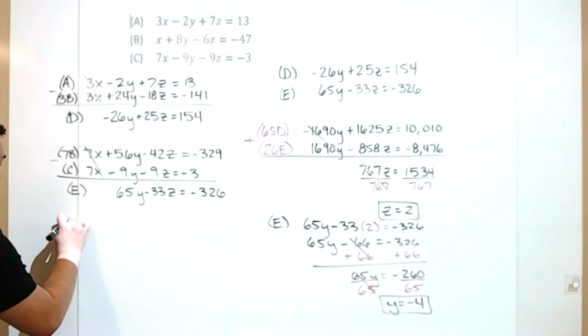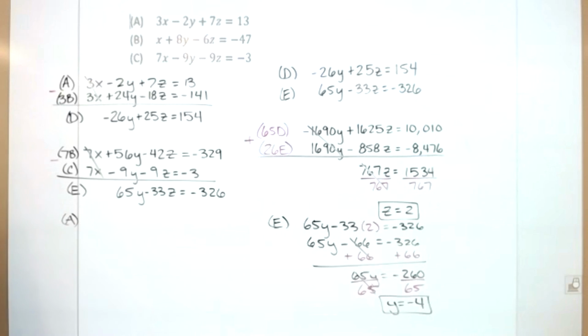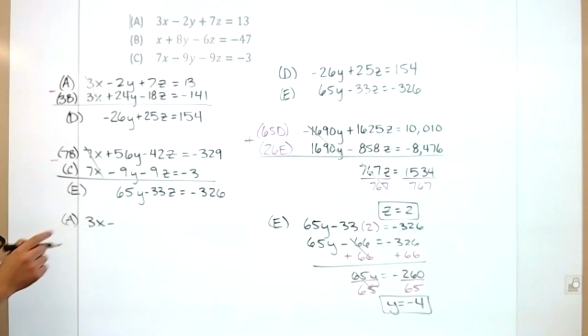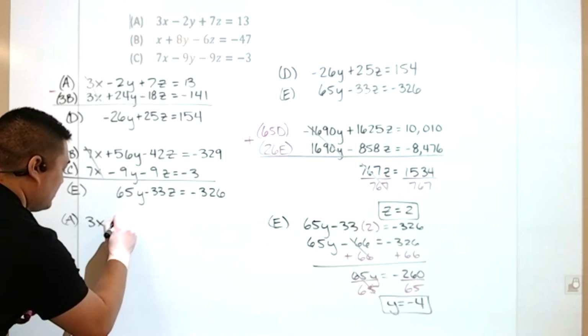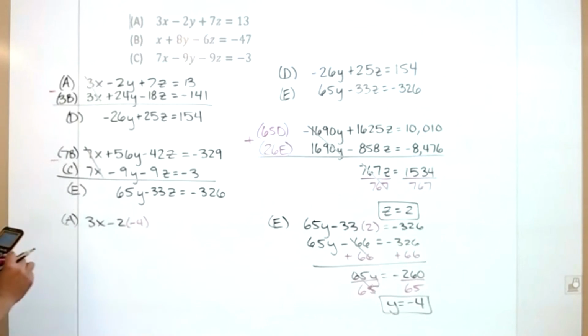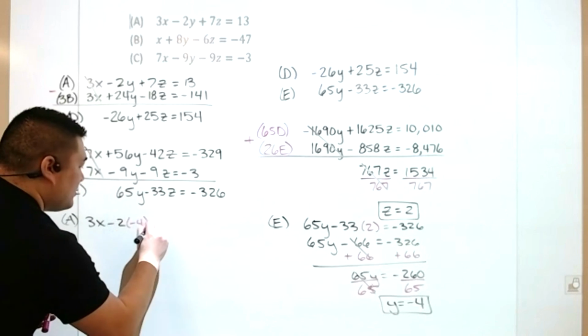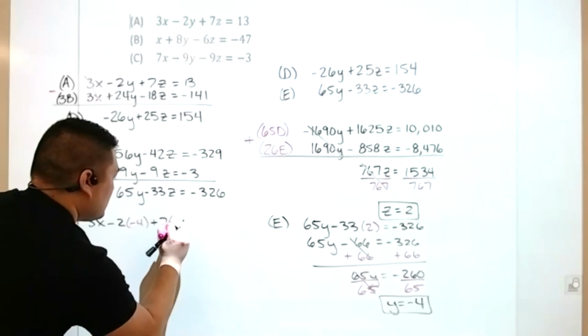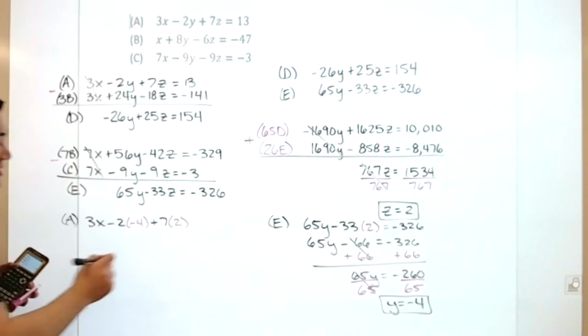Equation A is 3x minus 2 times negative 4 plus 7 times 2 equals 13.